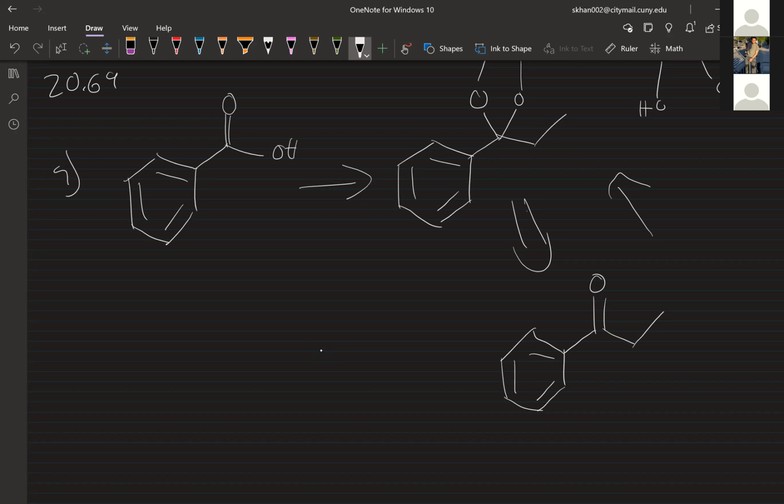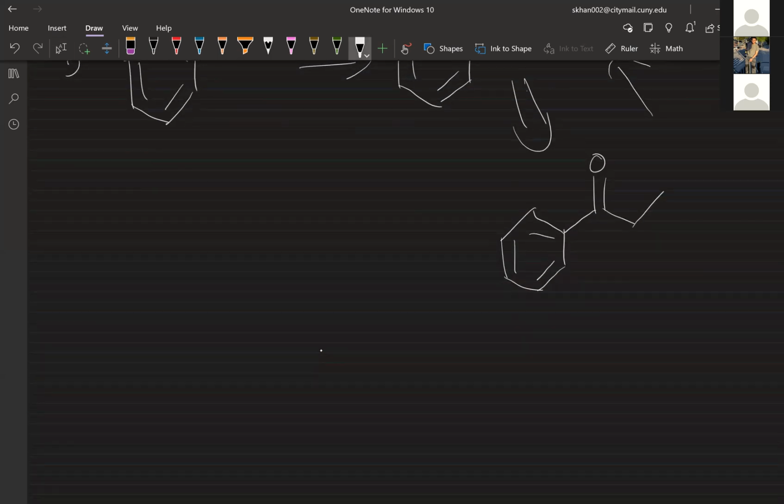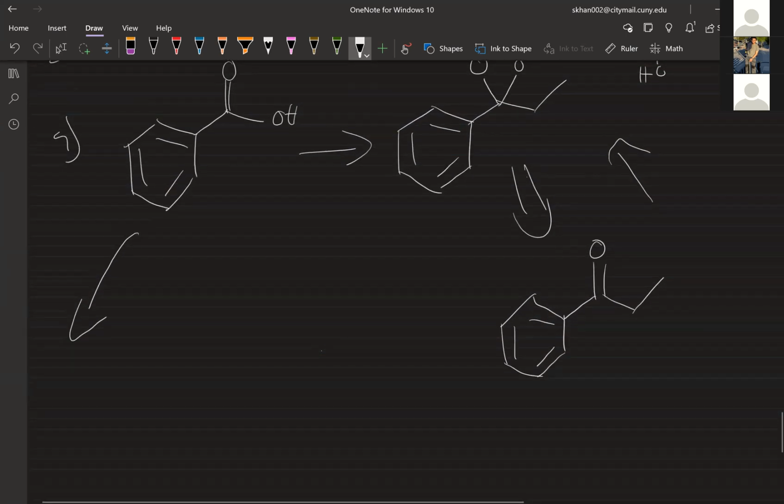I just always like using acyl chlorides because it's easier to never mess up the structure there, right? All it is is replacing the OH with a Cl, right? How do we go from a carboxylic acid to an acyl chloride?